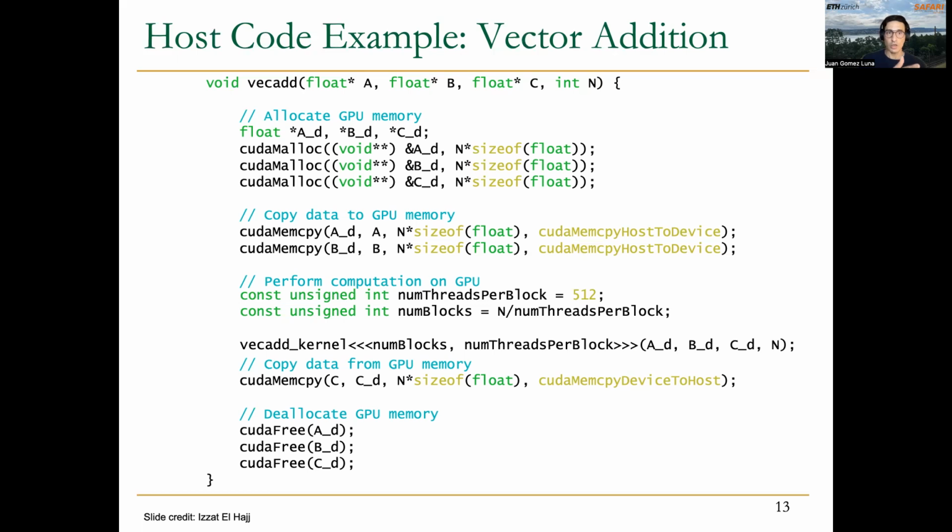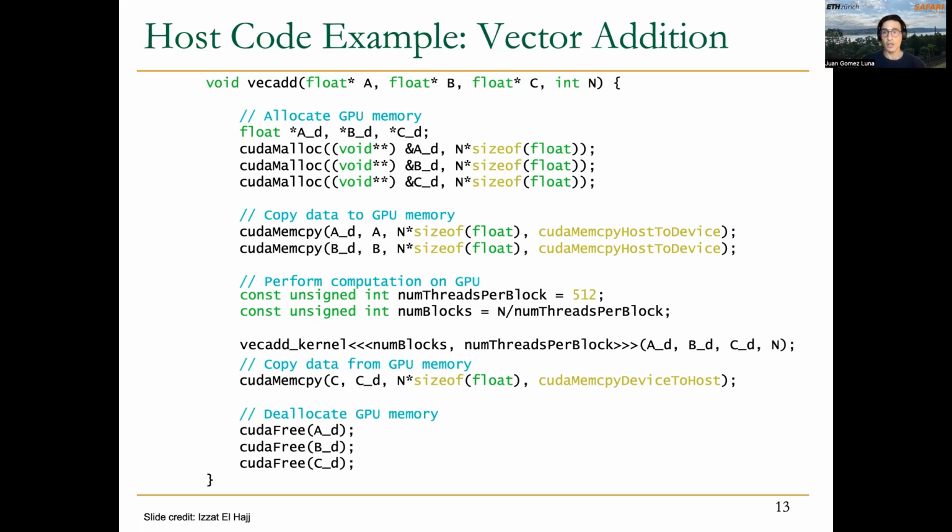So remember, the GPU software hierarchy consists of threads at the lower level. These threads are grouped into thread blocks that are mapped onto the different GPU cores, and the total collection of thread blocks represents the grid.